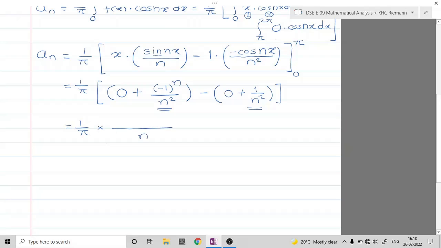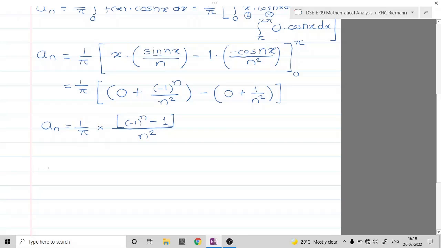Obviously in the numerator, in this term we are left with minus 1 raised to n, the middle sign is minus, minus plus minus again, and the numerator of this second term is again 1. So minus 1 raised to n minus 1. Okay, so this is the answer for an.